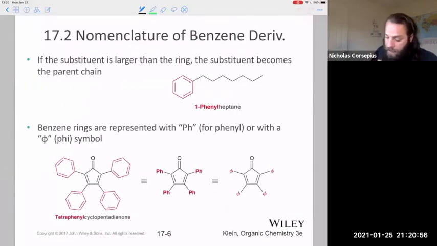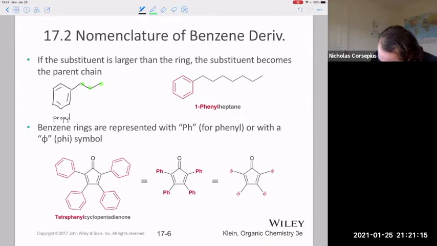Okay, so we said that alkyl groups you would name like ethylbenzene. Another example would be, if there are 1, 2, 3 carbons, what would that group be? That's propylbenzene. Ooh, with an E on the end.